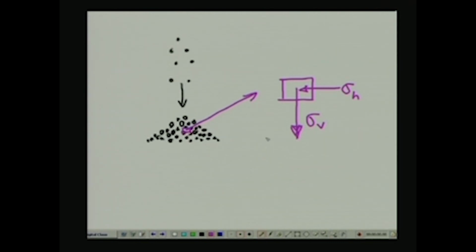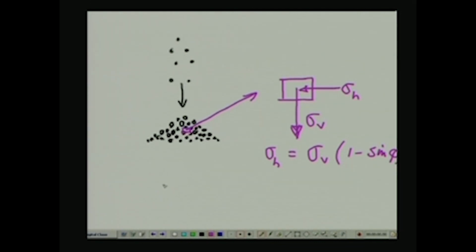Typically in this case, sigma h is controlled by the friction angle, and it is given by sigma v times (1 minus sine phi), typically.